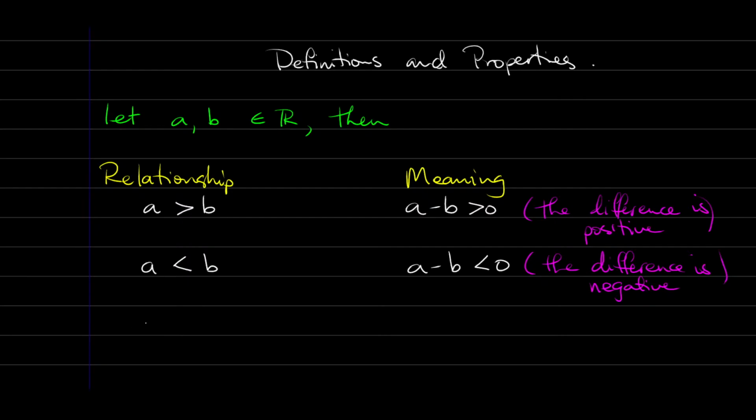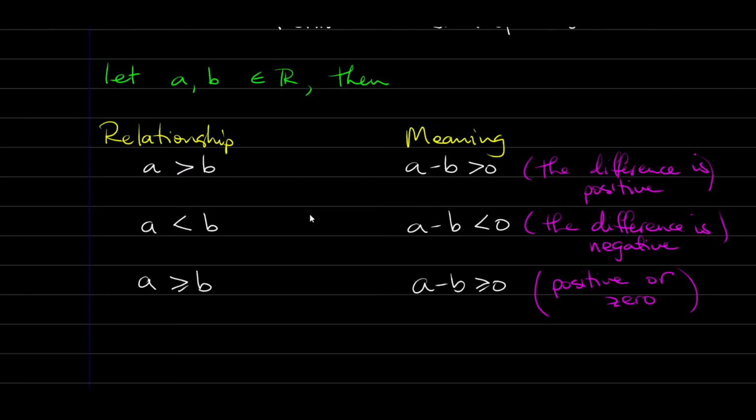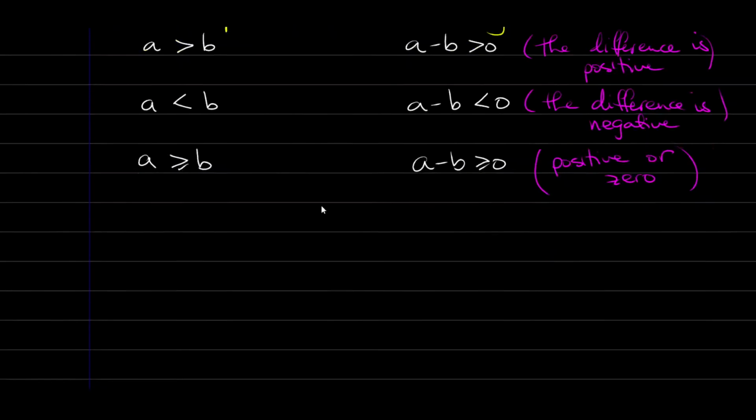Then we have A being greater than or equal to B. It would mean that A minus B is greater than or equal to 0, meaning that the difference can either be positive or 0. Sorry, not both, it can either be positive or 0.